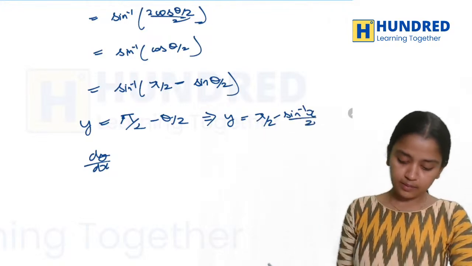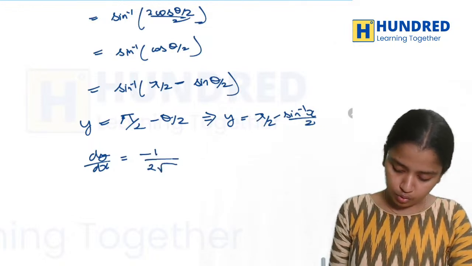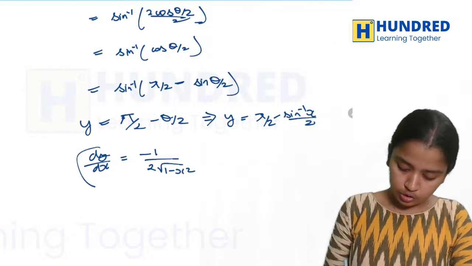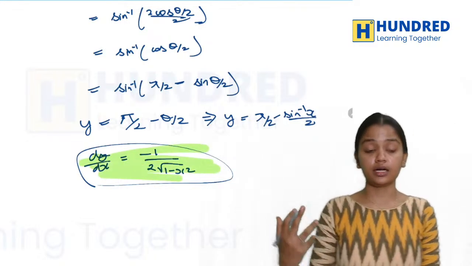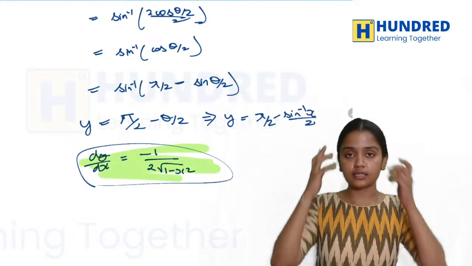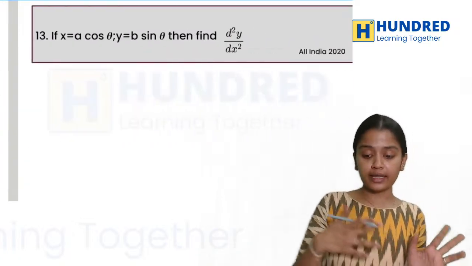So basically it will be minus 1 by 2 root of 1 minus x square. So dy by dx பண்ணா இதுதான் என்னோட ஆன்சரா I will be getting it. Okay, so that's it. Now let's go to the next one.